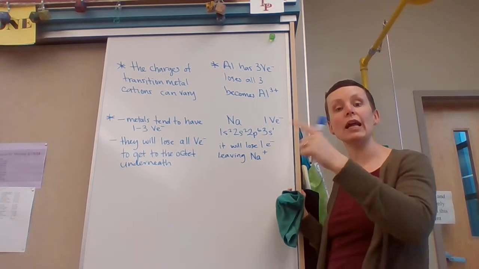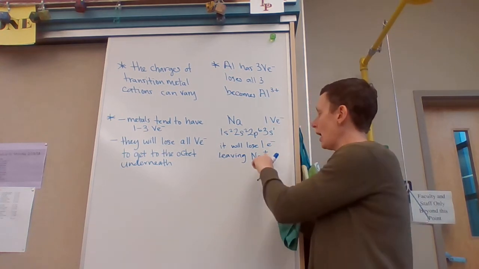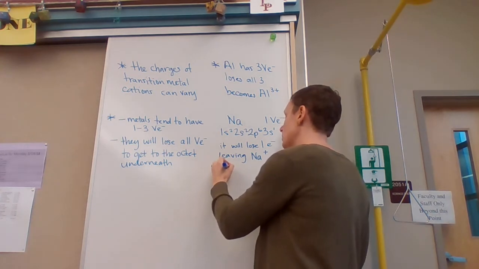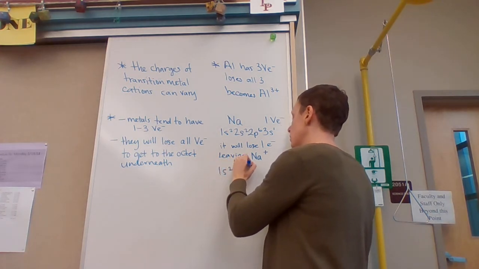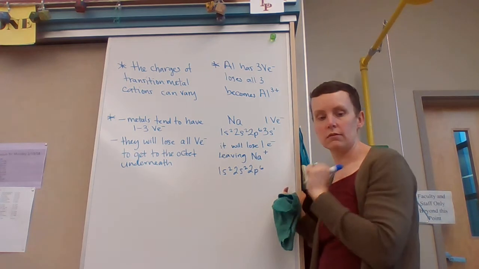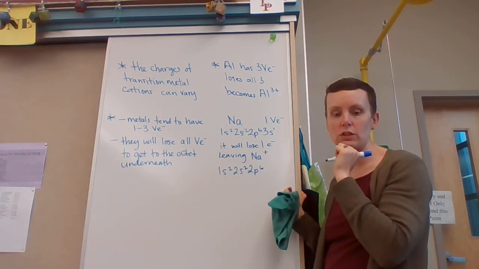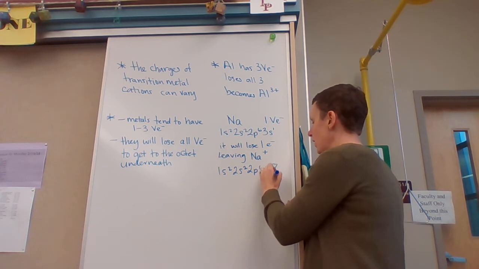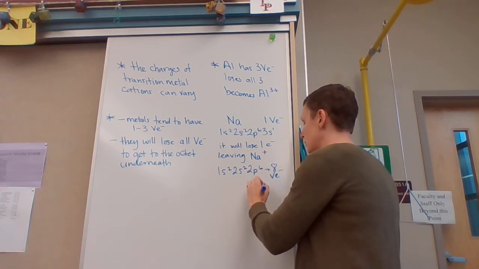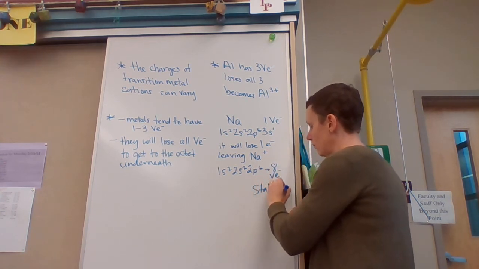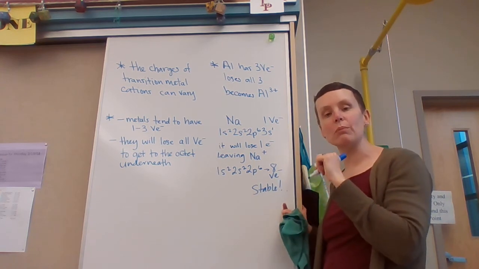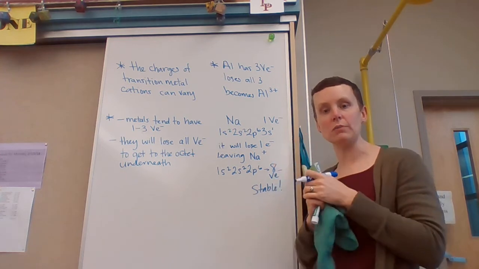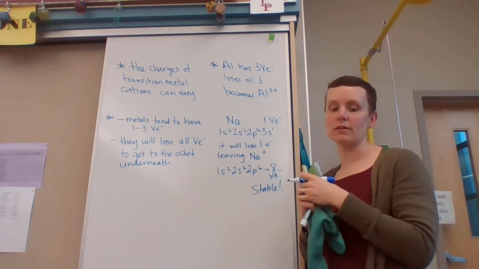Again, losing negatives makes you positive. Its new configuration is 1s2, 2s2, 2p6, and that has 8 valence electrons. Stable. If you were to write the abbreviated electron configuration, you would just have Ne in brackets because it's the same as that noble gas.